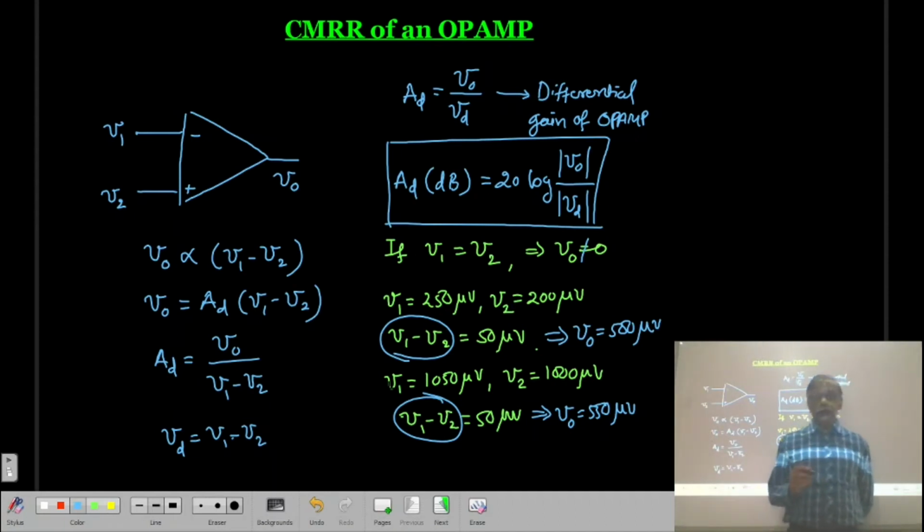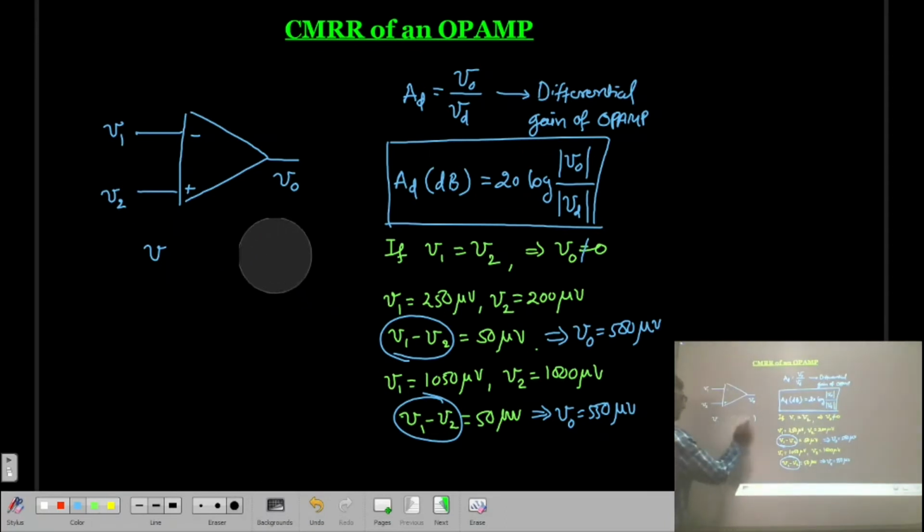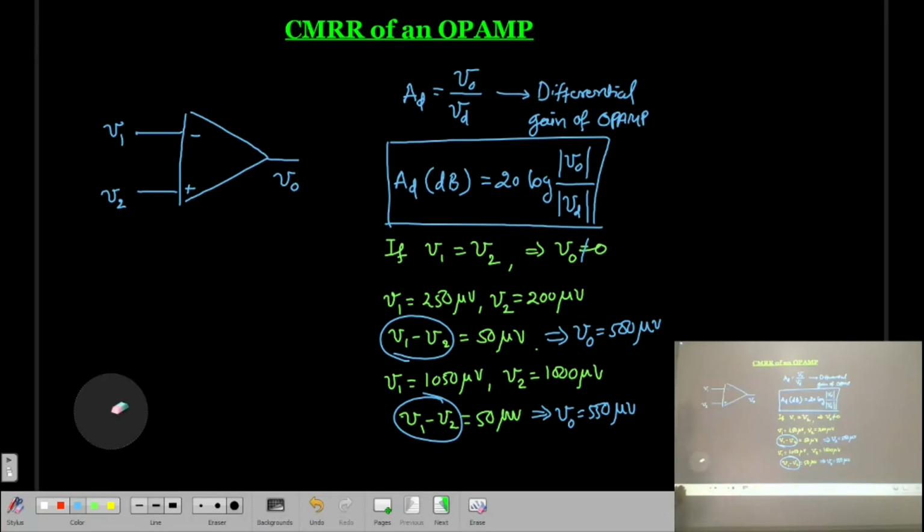This output depends on the average of the two input voltages, which is known as the common mode signal. Remember, the output voltage is not only proportional to V1 minus V2.